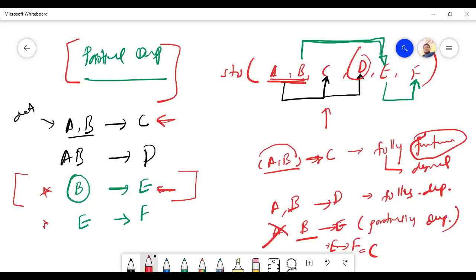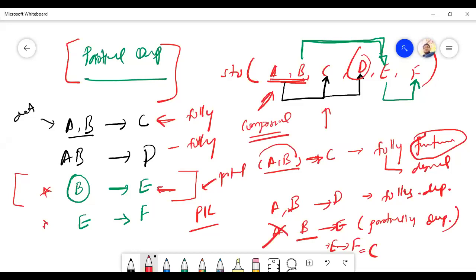Partial dependency means this one. So here you can see this is fully depending. This is fully depending. This is partially depending, partially depending on the primary key. In this example, the primary key is composite.